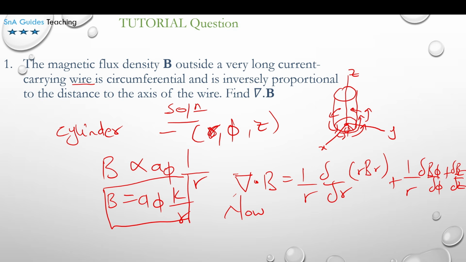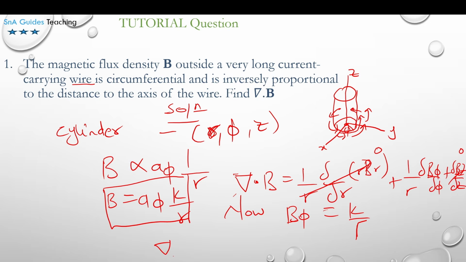Now B phi is equal to k on r since it's in the phi direction. Okay, now there are no components in the r direction and no components in the z direction, so those automatically go to 0.